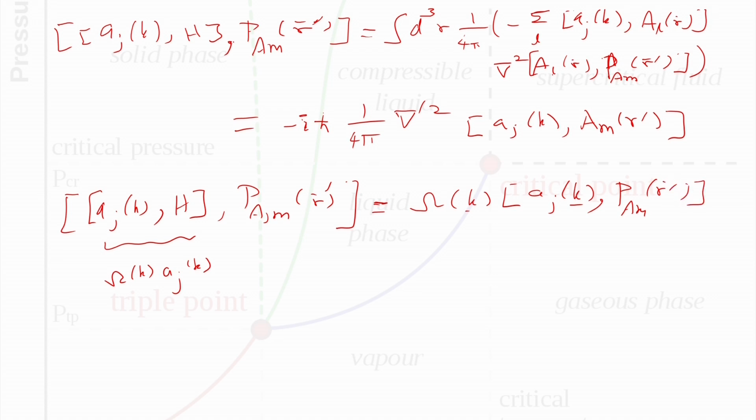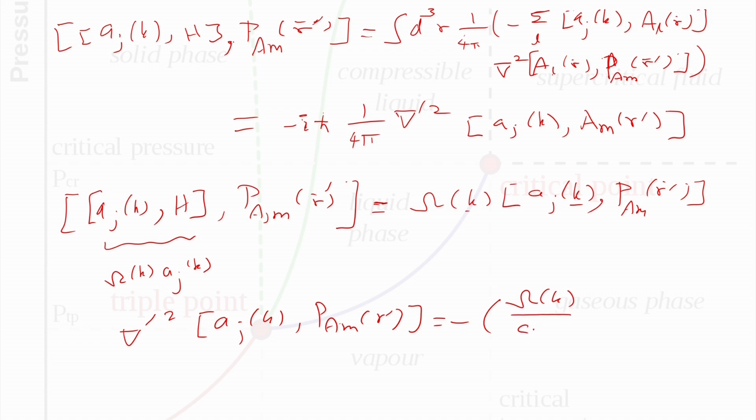So by combining these two, we can conclude that del squared of a j k commutator p a m r dash is given by minus omega k over c h bar squared.